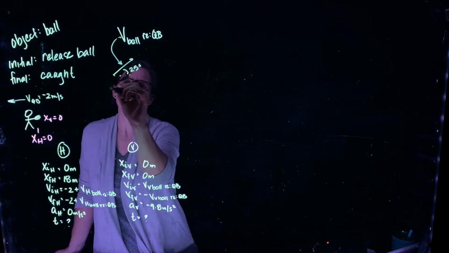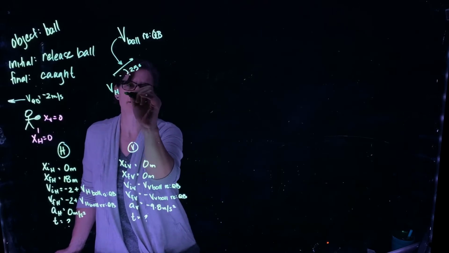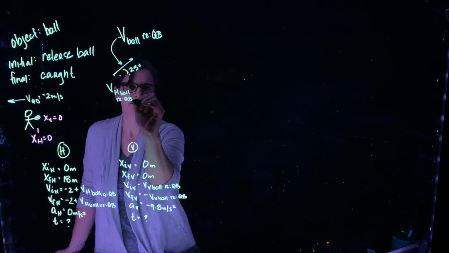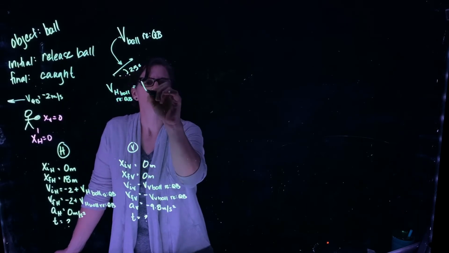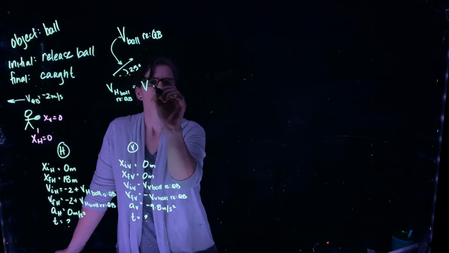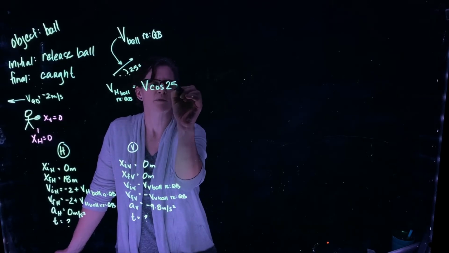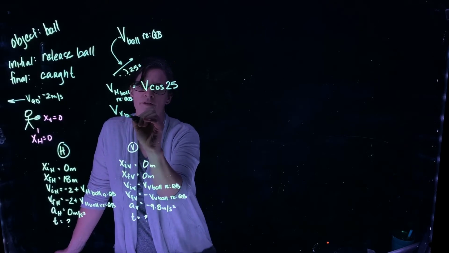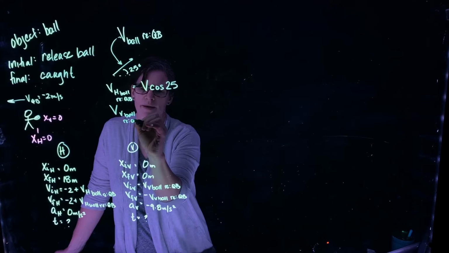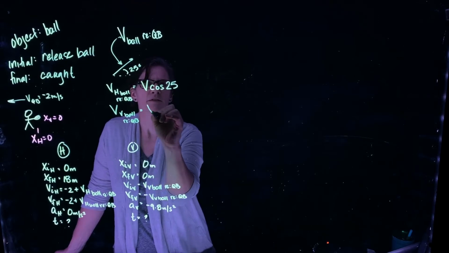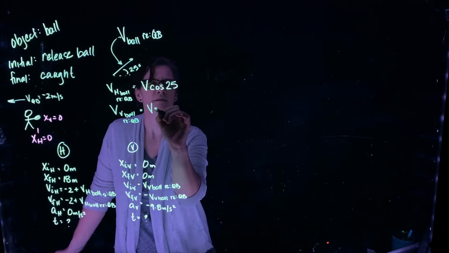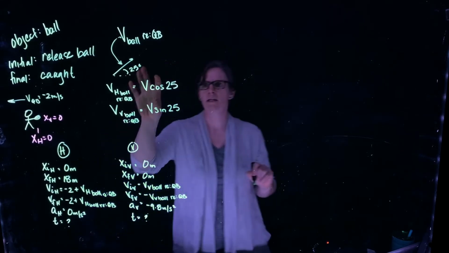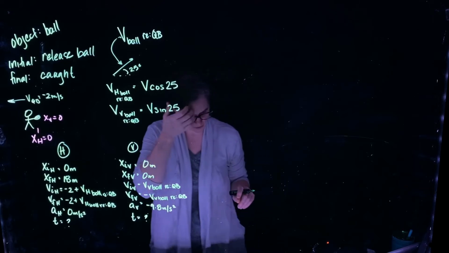So the horizontal component of the ball relative to the quarterback is going to equal the velocity of the ball times the cosine of 25. And the vertical component, relative to the quarterback, is going to equal the velocity of the ball relative to the quarterback times the sine of 25. We're going to use that so that we can get the velocity of that ball.